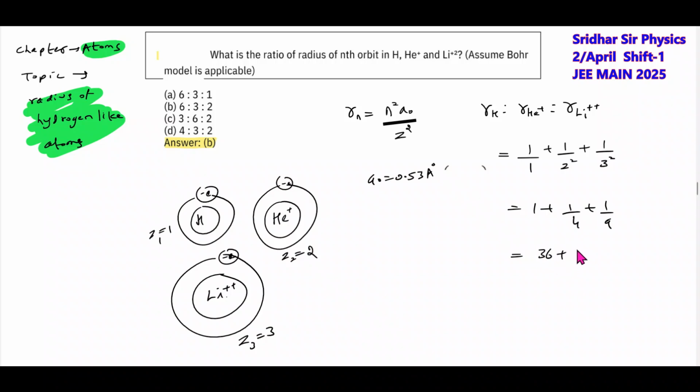So this will be 36 plus 9 plus 4, so this will be 6 square, 3 square, 2 square. Option B will come, 36 is to 9 is to 4. Okay, fine. Some calculations are there. These are the formulas which you have to remember.